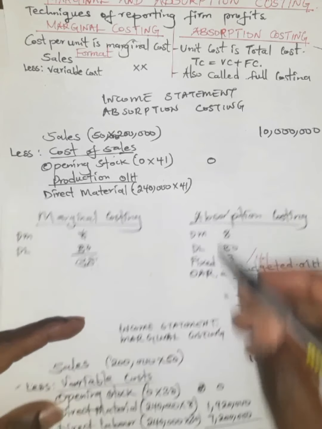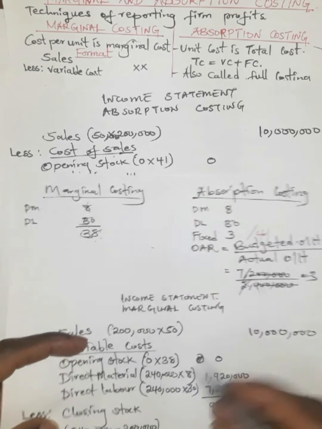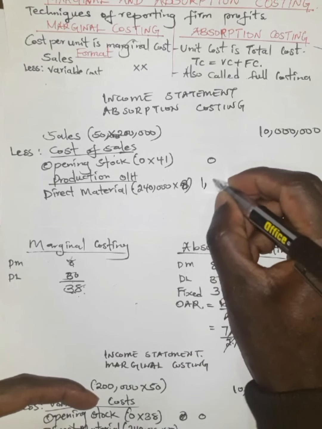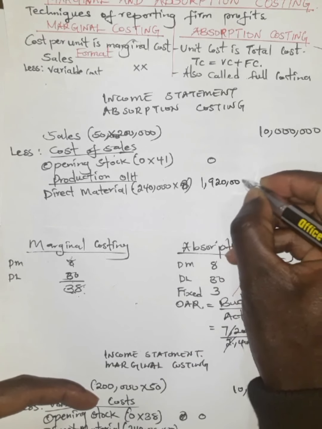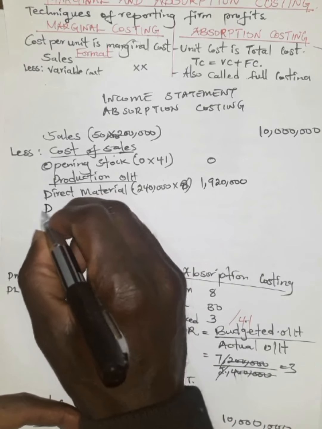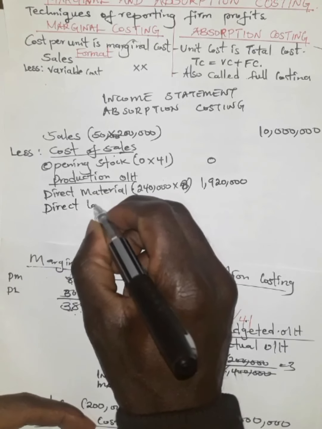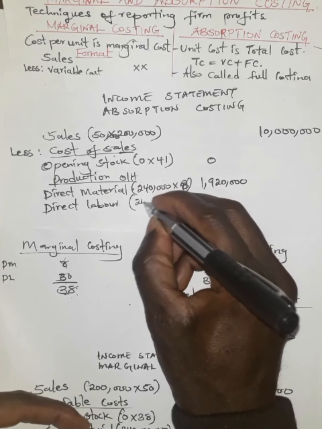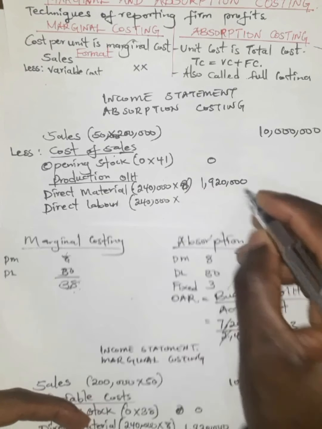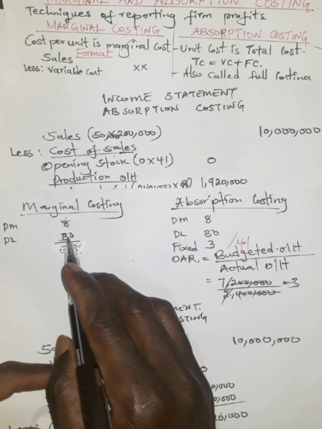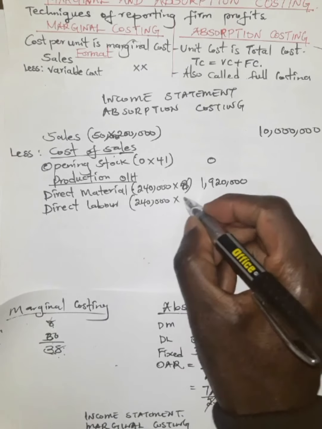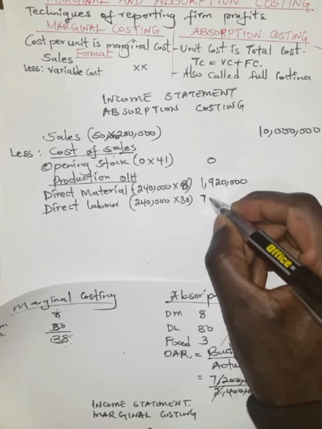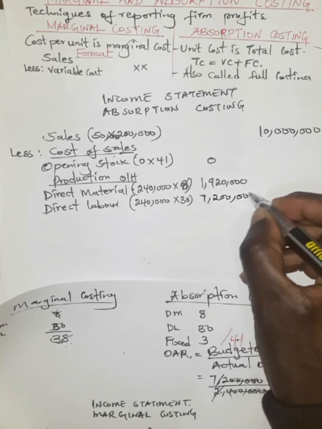So for direct materials we have 8, and you multiply, and you get a value of 1,920,000. Then again we have direct labor, which depends on the number of units produced times the labor standard of 30. Again we get a value of 7.2 million.